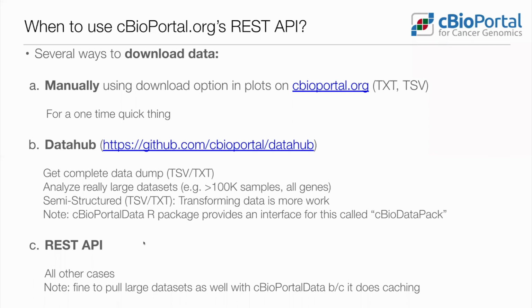Although it's TSV and TXTs, you don't really get the nice objects that you have when you use the REST API. As a side note, the cBioPortalData R package does provide some interface to download this data directly, if you prefer to do that.